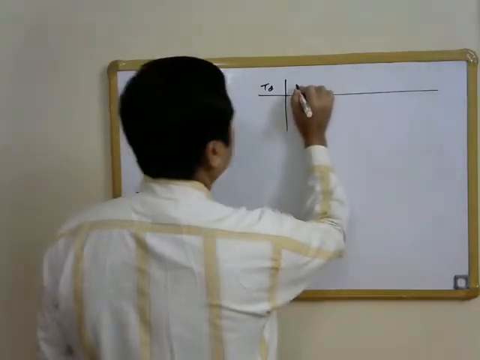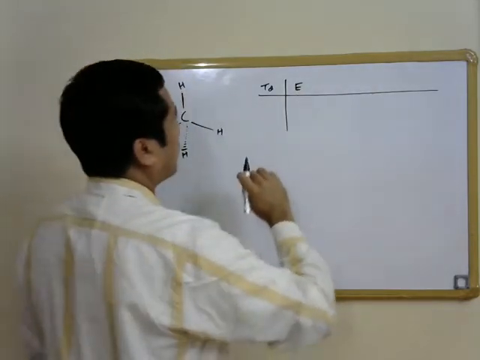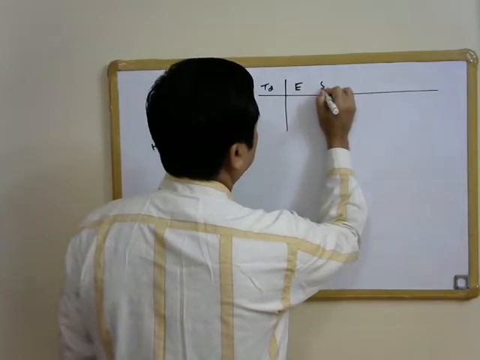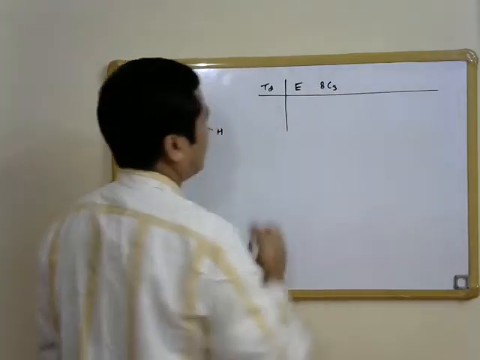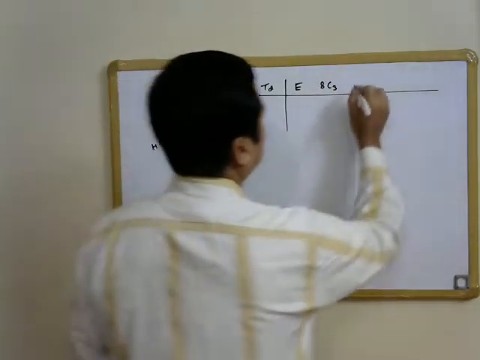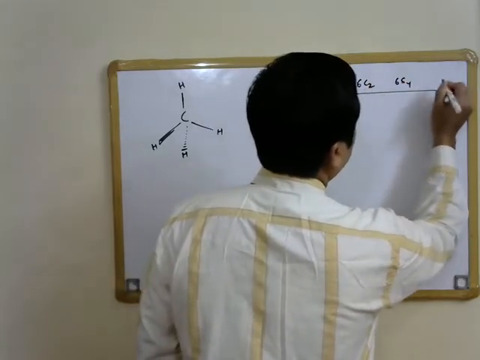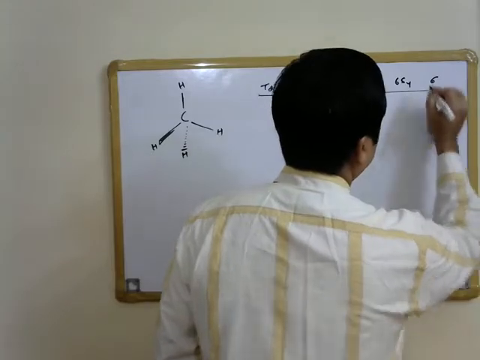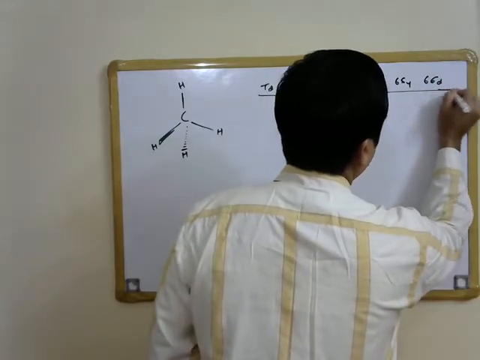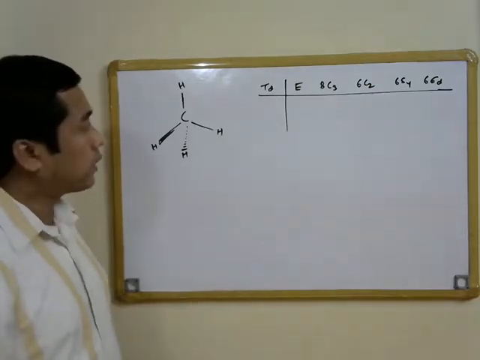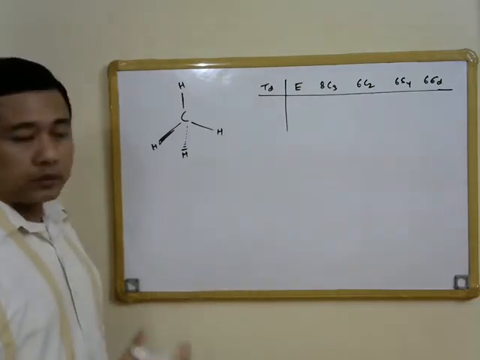The symmetry operations in a tetrahedral molecule with Td point group we have already found out. There are 24 symmetry operations, and these are in 5 different classes.